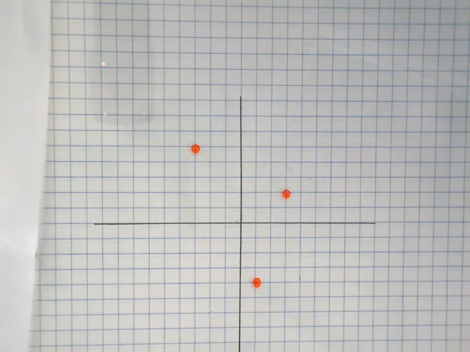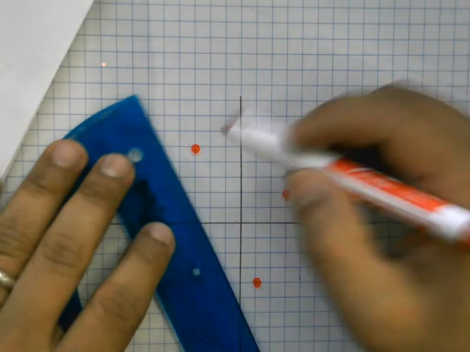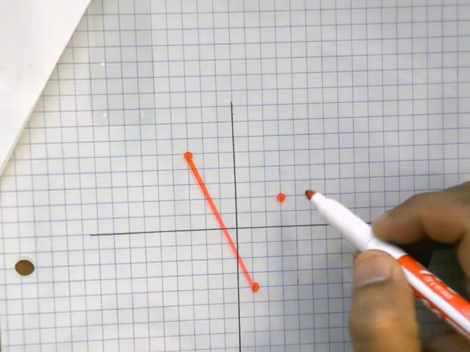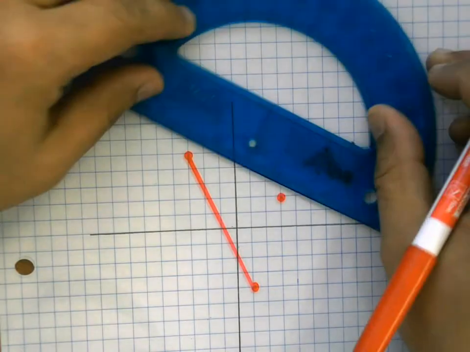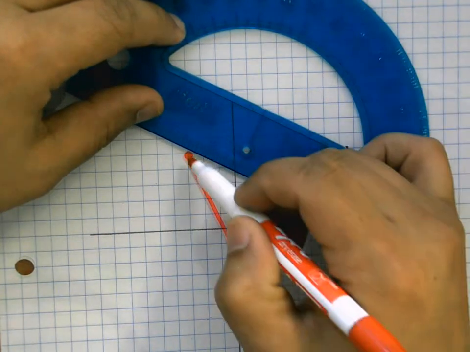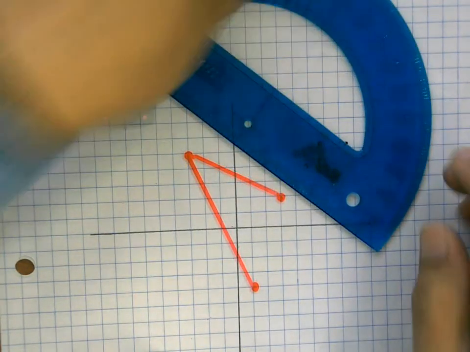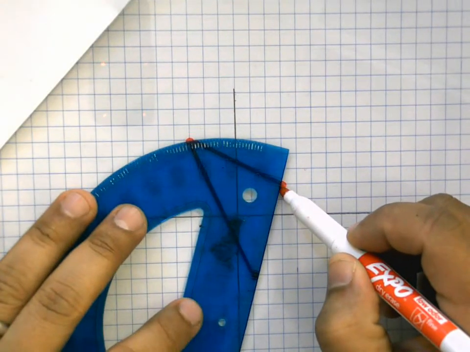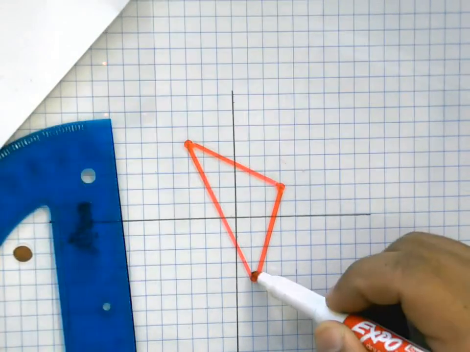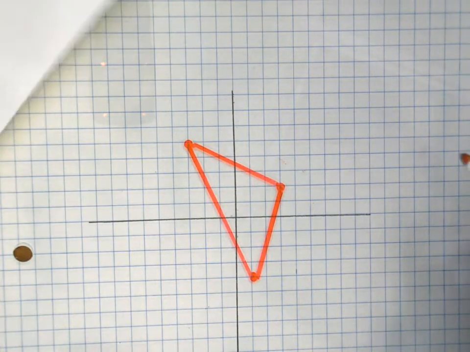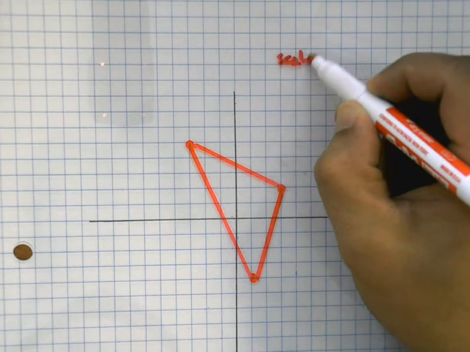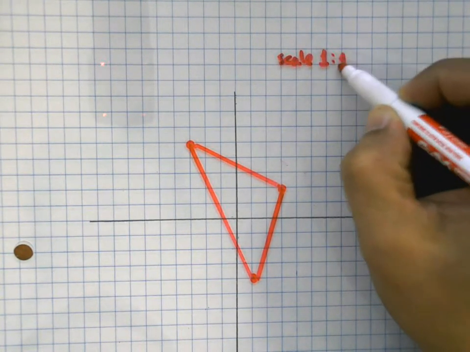So I have that there using my straight edge. You can get a pretty decent looking picture here. Okay. And oh, I forgot to mention that my scale is 1 to 1.